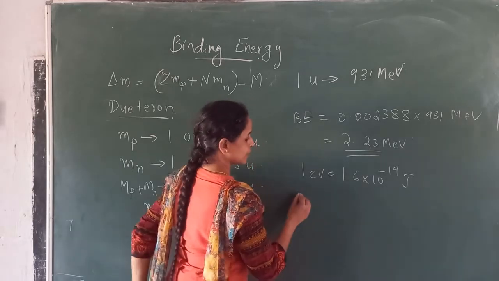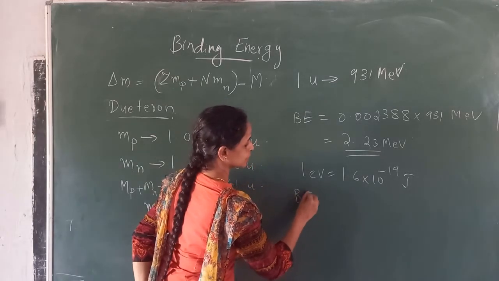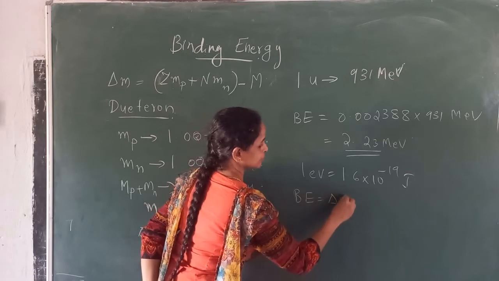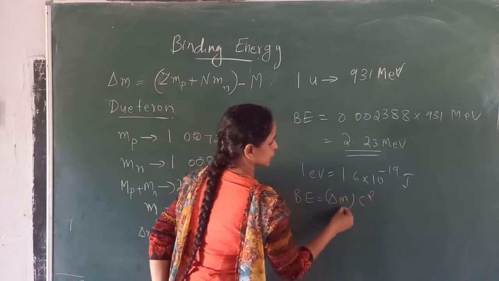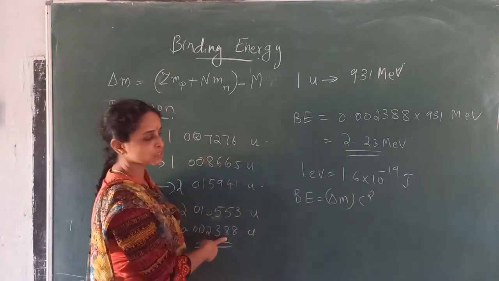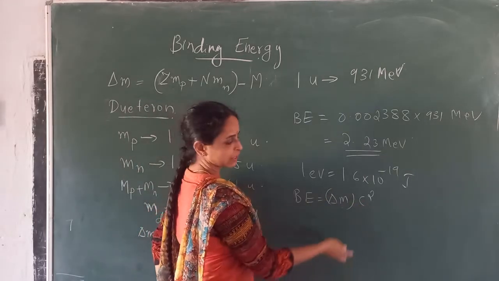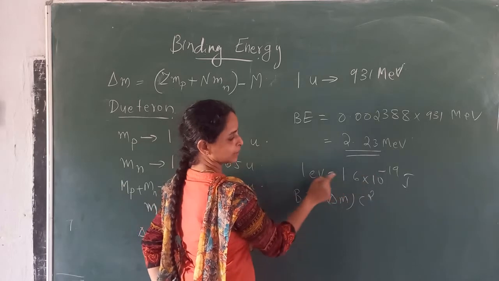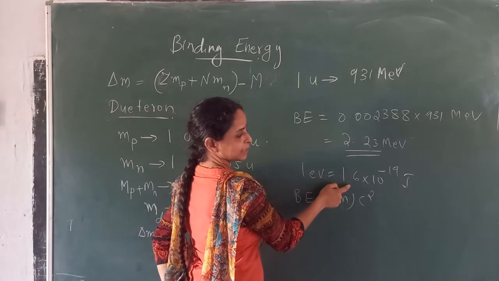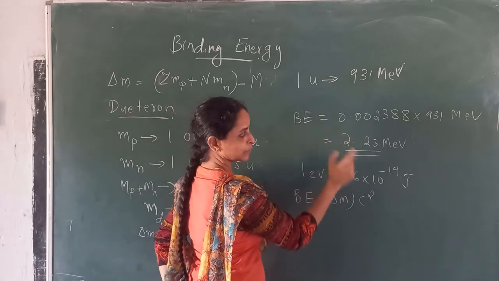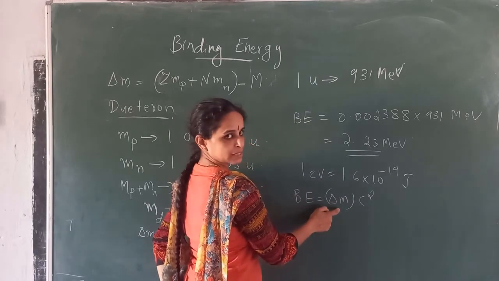That will be same as the binding energy, which is equal to delta M into c square. Here you have to convert the atomic mass unit into kilogram, then multiply by c square, and you will get the same value.